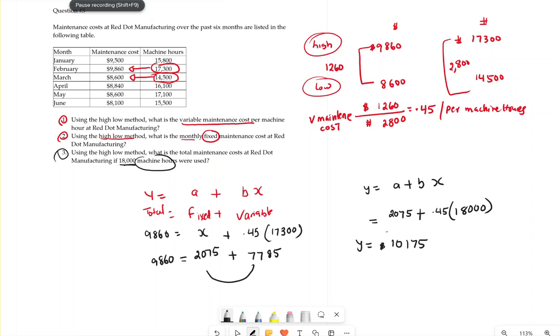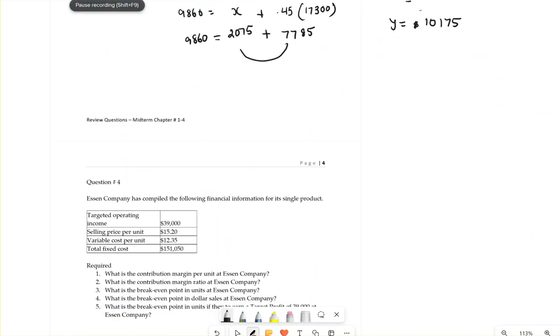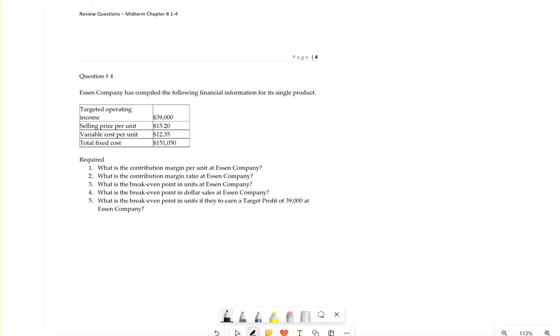So let's go further. Now we're going to go to chapter 4, which is your break even. First one is you're looking for a contribution margin per unit. So for that you need a selling price per unit. I'm going to put at the top that everything is per unit. So that is your $15.20.